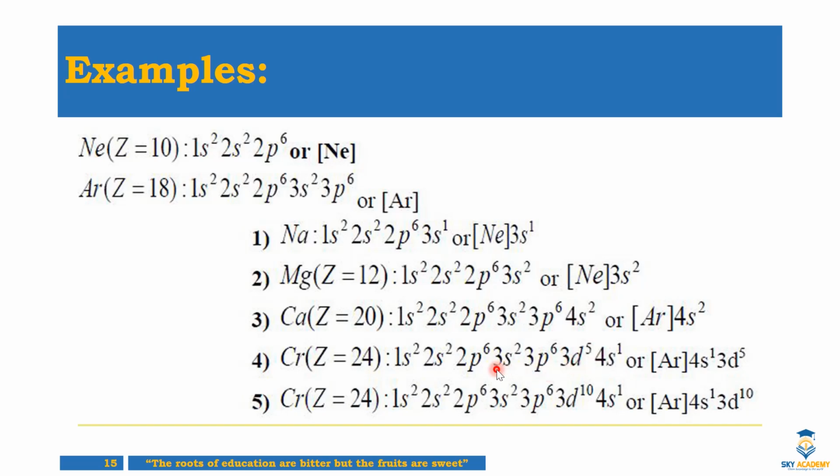So you may write like this: 1s2, 2s2, 2p6, 3s2, 3p6, 4s2, 3d4. But here you may write 3d4, 4s2, or 4s2, 3d4.